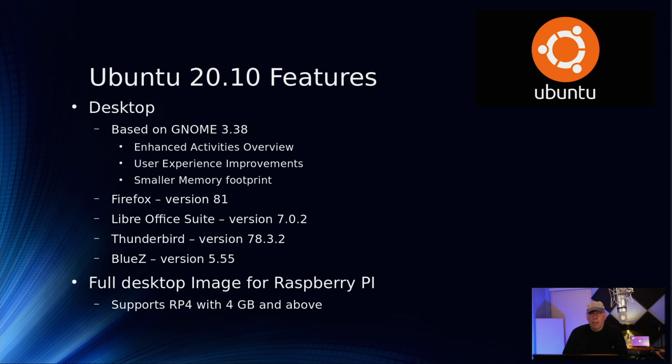And also, one of the things that 20.10 is offering is a full desktop image for the Raspberry Pi. Now, they're saying that they're first. I don't quite understand that because Raspberry Pi, of course, has their Raspbian. Raspbian has a full desktop as far as the Raspberry Pi Foundation is concerned anyway for their Raspberry Pis.